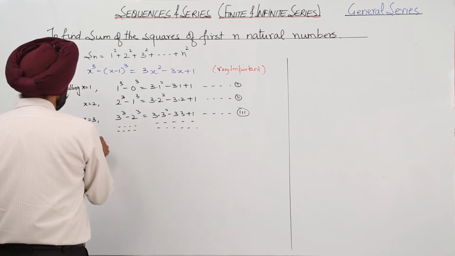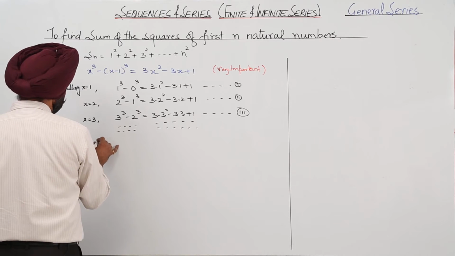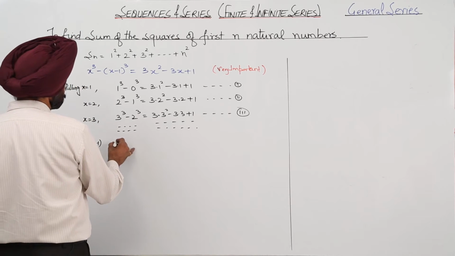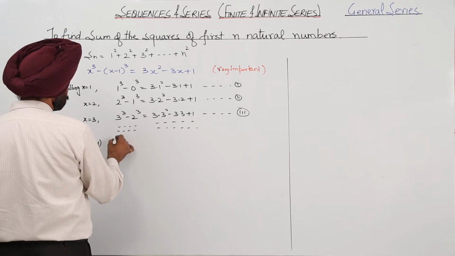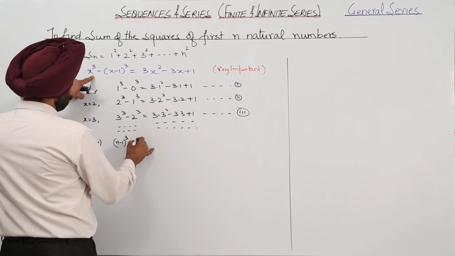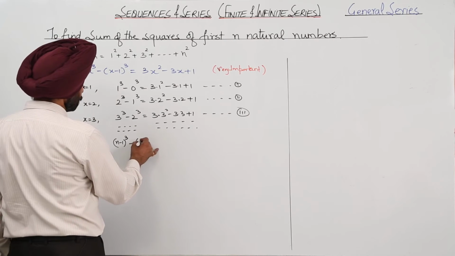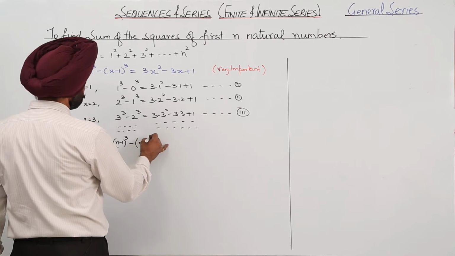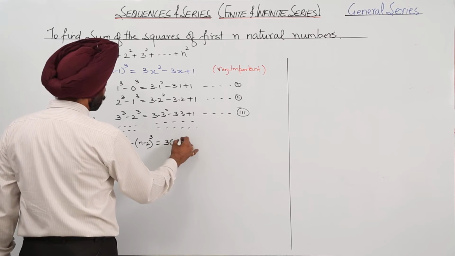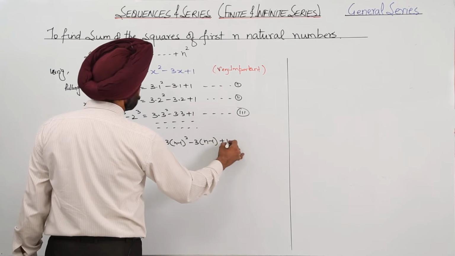Then putting x equal to n minus 1, we get n minus 1 whole cube minus n minus 2 whole cube equal to 3 times n minus 1 square minus 3 times n minus 1 plus 1.